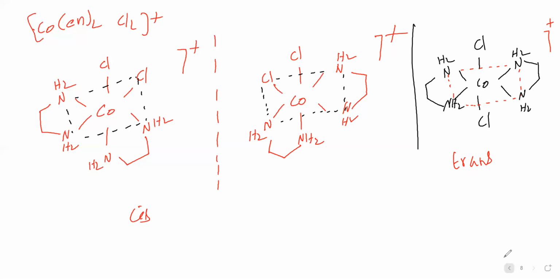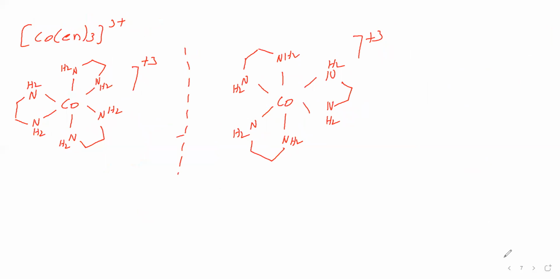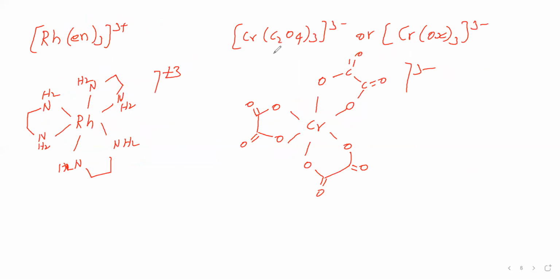Now we will take this complex, Cr(C2O4)3 3 minus. This complex we have written like this. Can it show optical activity? Here optical activity is not possible for this.